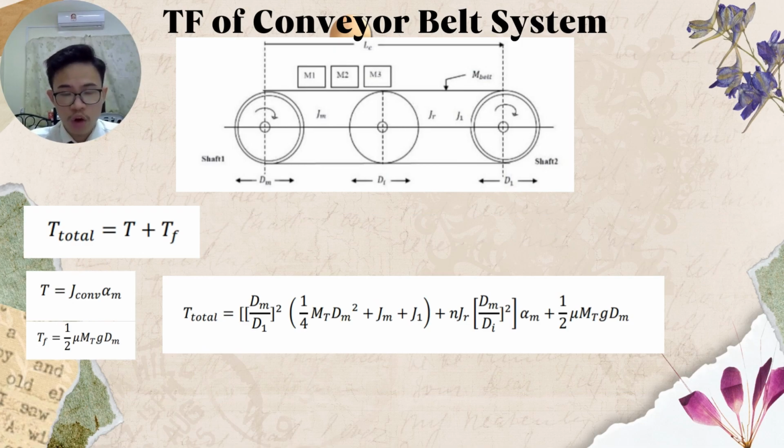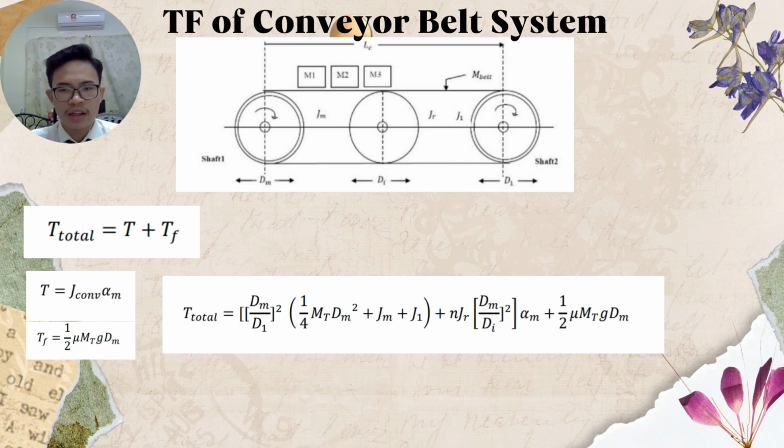We know that the total torque is equal to T plus TF, the torque related to the frictional force. We know that T is equal to J conv, which we obtained from the previous slide, times alpha. For TF, by assuming that there is friction between the belt, pulley, and idlers, and N is the number of idlers along the conveyor belt length, we get that the magnitude of the frictional force, written in the form related to the torque acting along the motor shaft, is equal to the bottom left hand side equation.